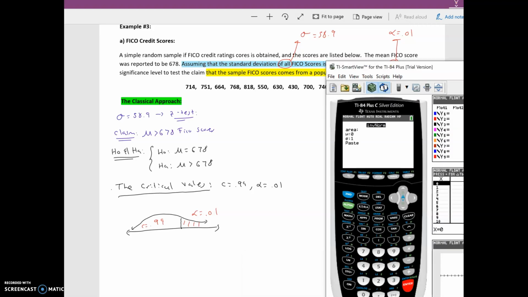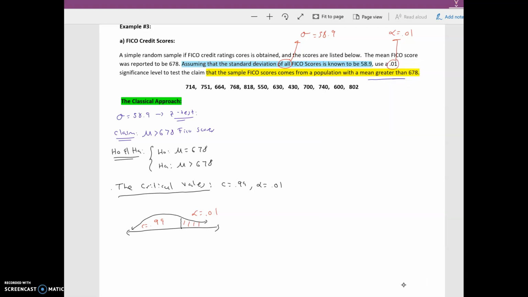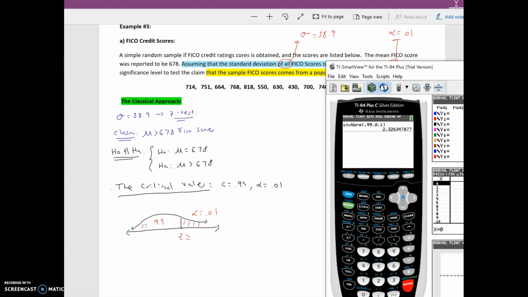Keep in mind that your critical values are not identical to the ones we did in the previous section. The distribution is standard normal. Please run it and see if you're matching. The critical value happens to be a z value of approximately 2.32.